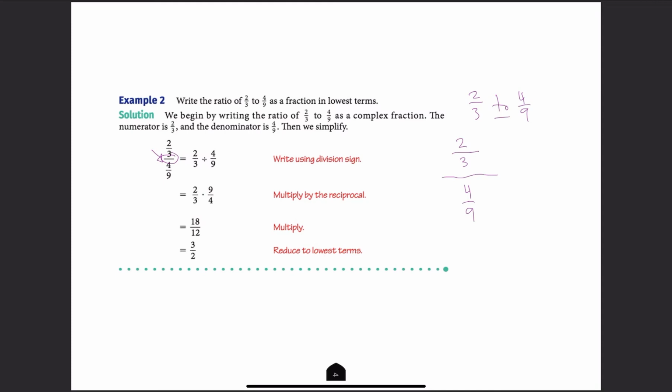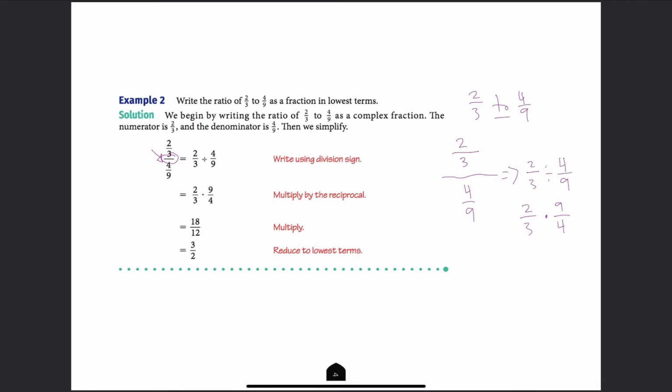And then I'll rewrite this as division with the division symbol because it makes it a little clearer. I could have done that from the beginning, but I think of ratios as fractions, so I like to write them as fractions, and then I recognize that I have a complex fraction, so I have to write it as division of two fractions, and then I can copy dot flip, or multiply by the reciprocal of the denominator fraction.